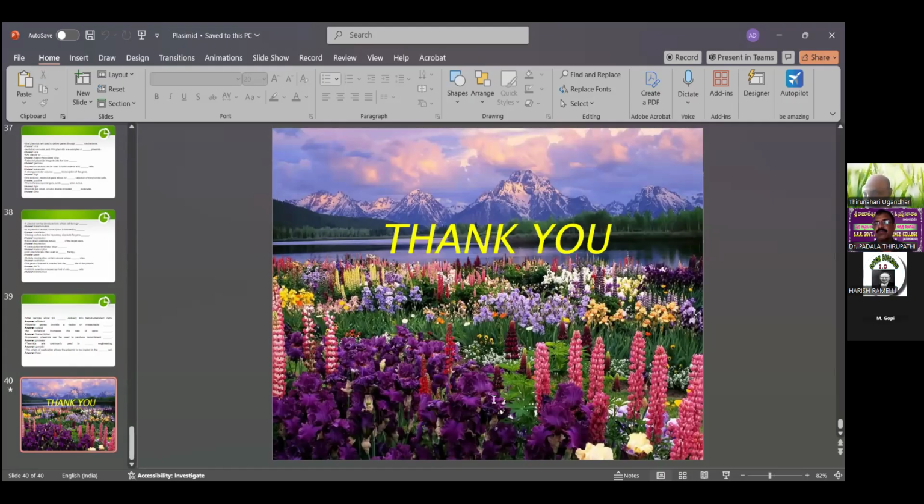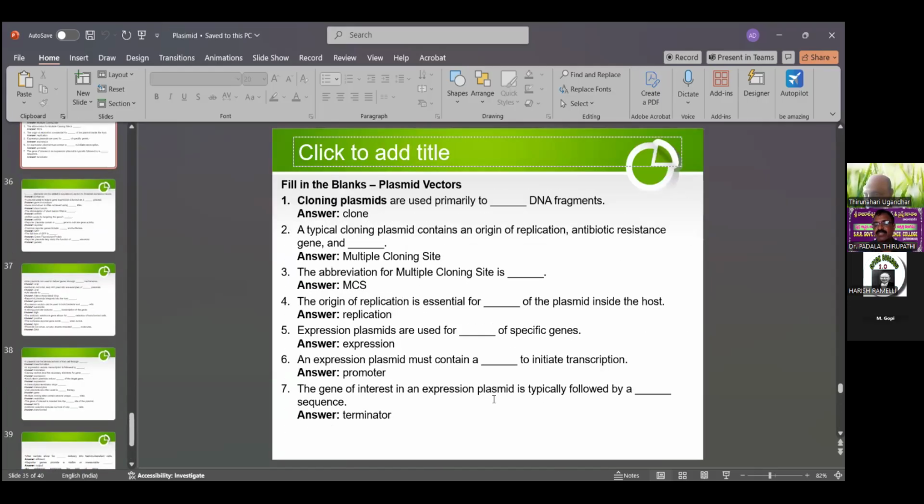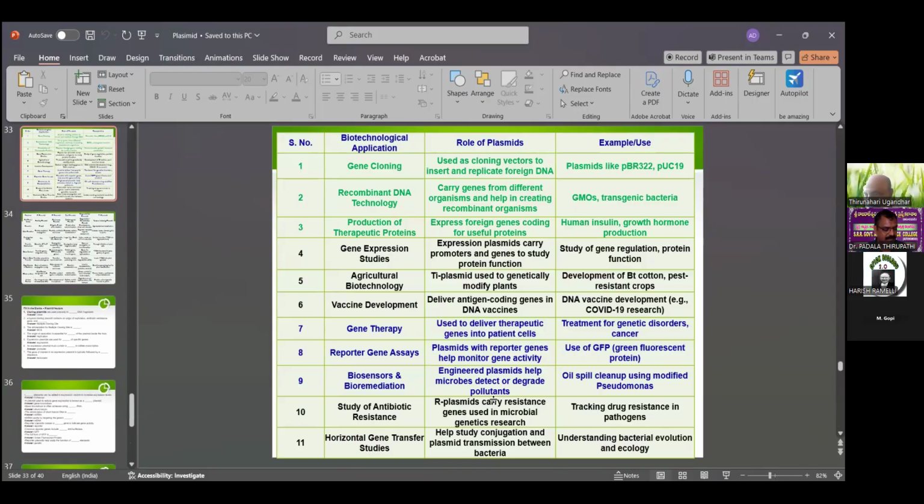One of the best examples in prokaryotes is the plasmid DNA, which is used as a vector for the genetic engineering process, gene transfer, and biotechnology. Then the types of vectors and types of synthetic or artificial vectors.